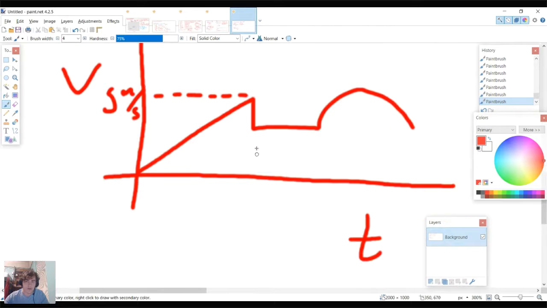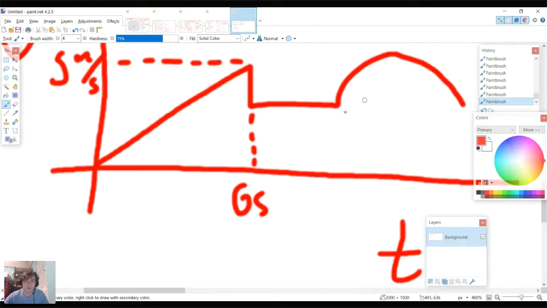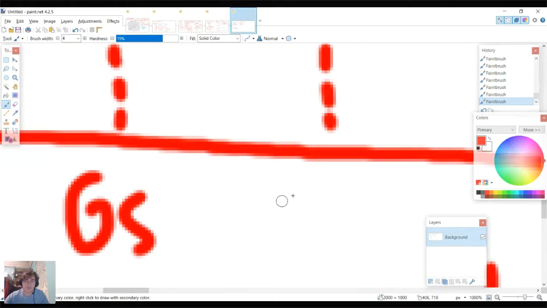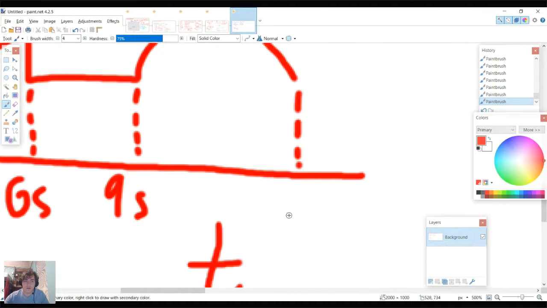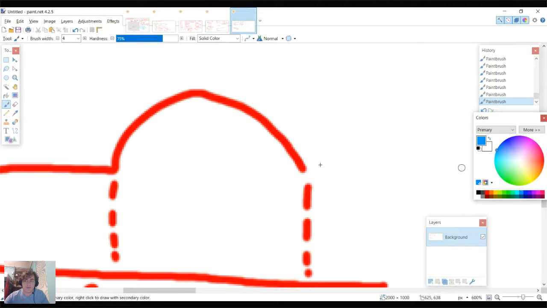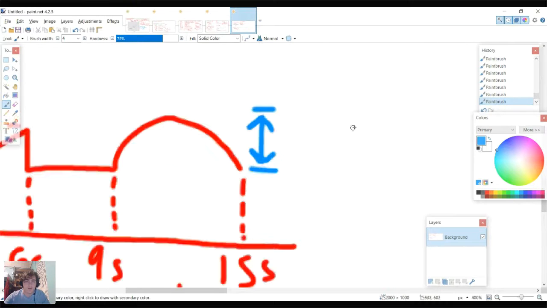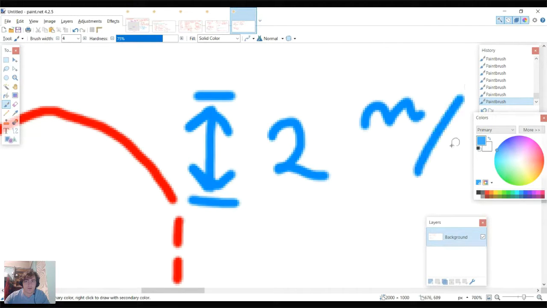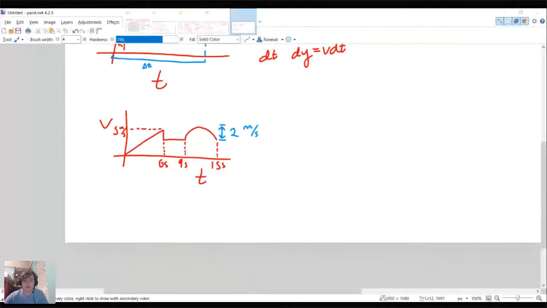This value would be 6 seconds. This is 9 seconds, and then this is, I don't know, 15 seconds. And then this height right here, between the top and the bottom of the circle, let's say it's 2 meters per second. The idea here is that to find the displacement, you have to find the area under this entire curve.